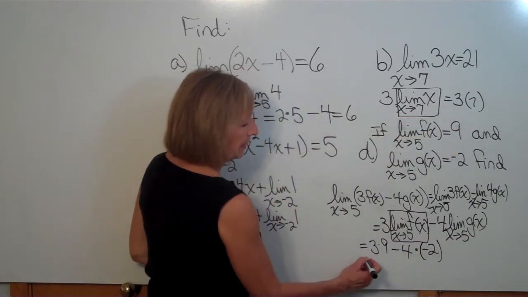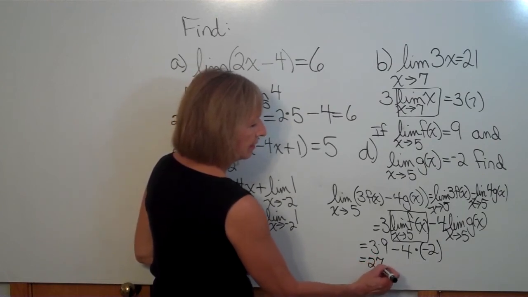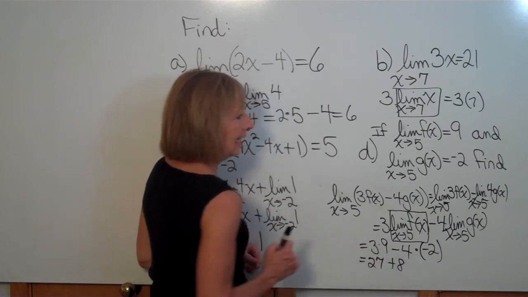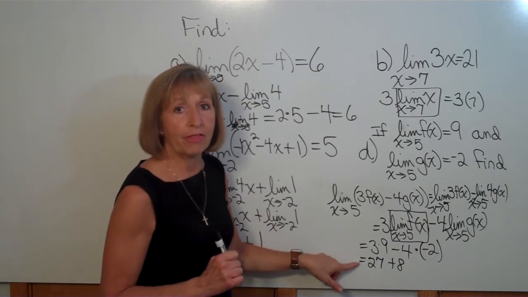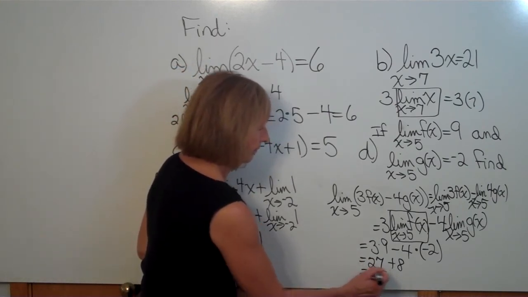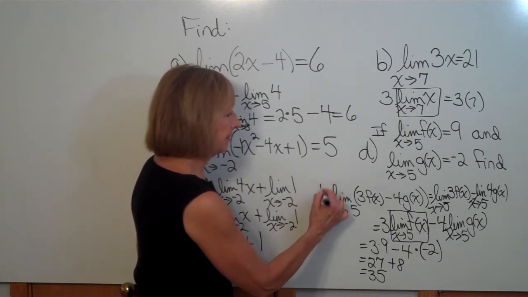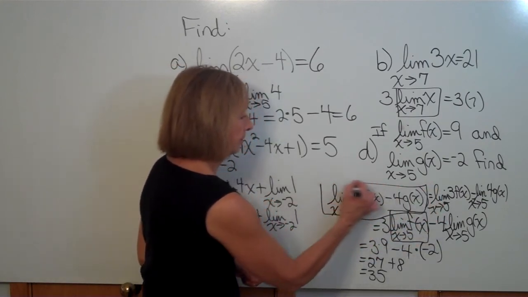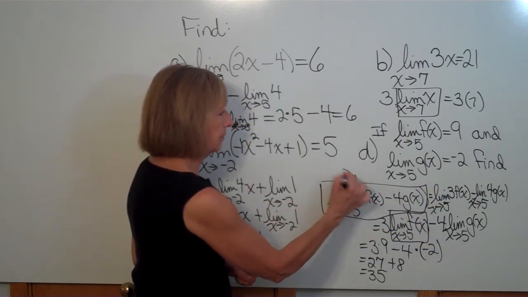So that gives me 27 plus 8, and I get a limit of 35. So this limit is equal to 35.